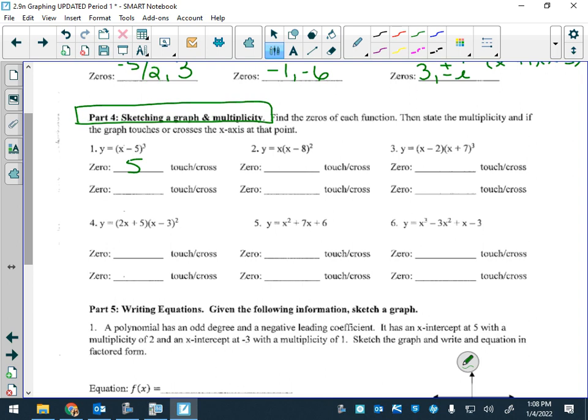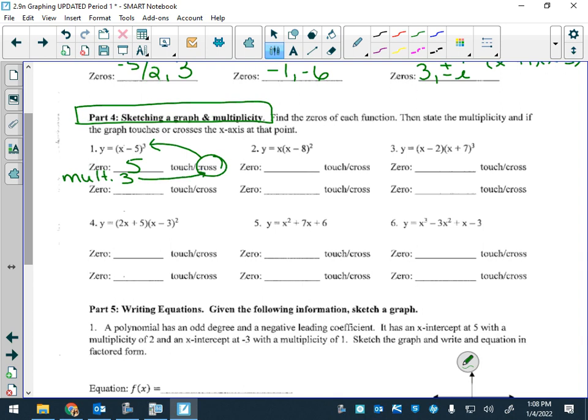Is it crossing through the x-axis or bouncing off? Danielle? Why? Multiplicity. Yeah. So the multiplicity here is 3, because the exponent is 3. If this factor has an odd exponent, it will be crossing the x-axis.